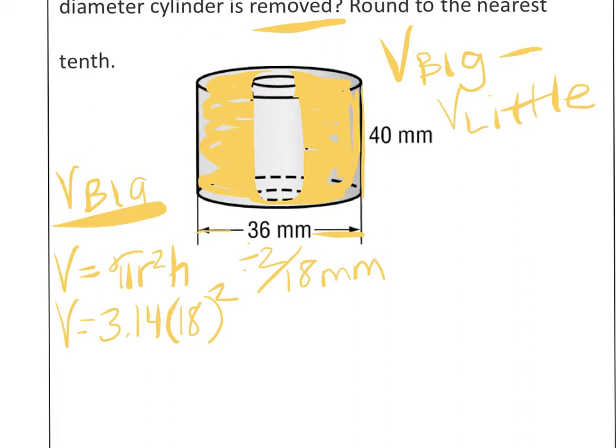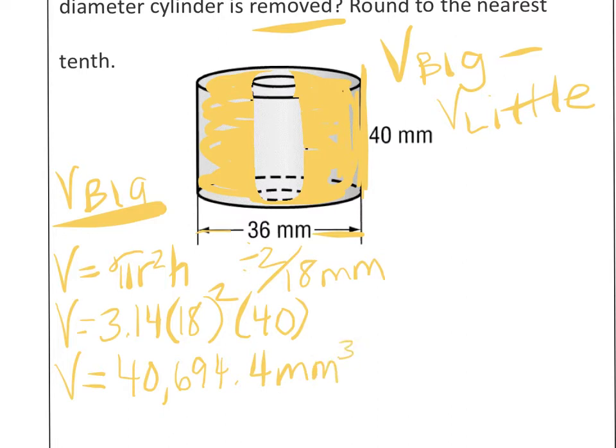Then the height of the big cylinder is over here, it's 40 millimeters. So I'm going to multiply all that together, and when I multiply all of that together, I get 40,694.4 millimeters cubed. That's the volume of the big cylinder.